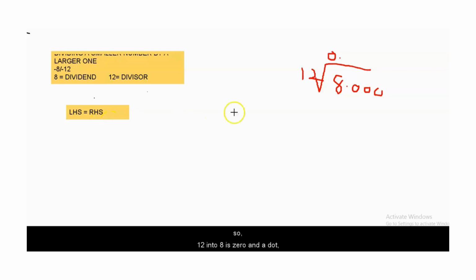Okay, so 12 into 8 is 0 and a dot, so we have a dot and the multiple zeros. Now we can use the next 0. Joining it together with 8, we have 80. 12 into 80. That is 12 multiplied by what gives 80.